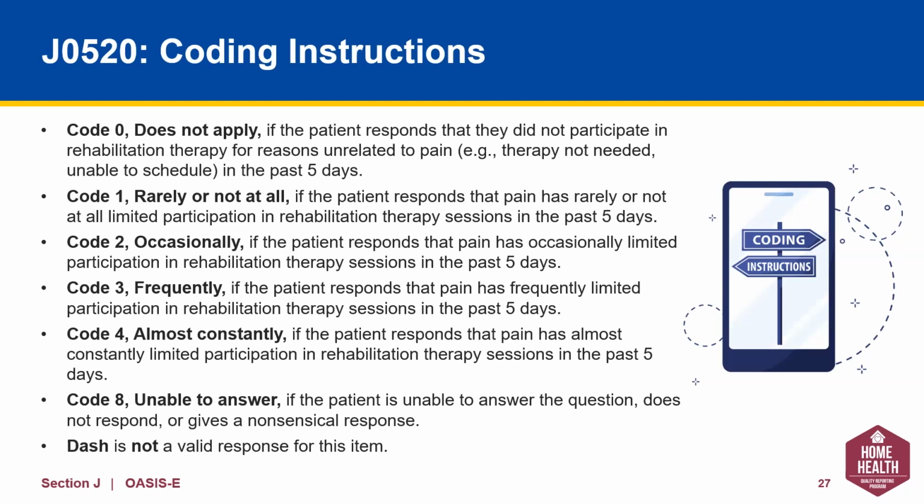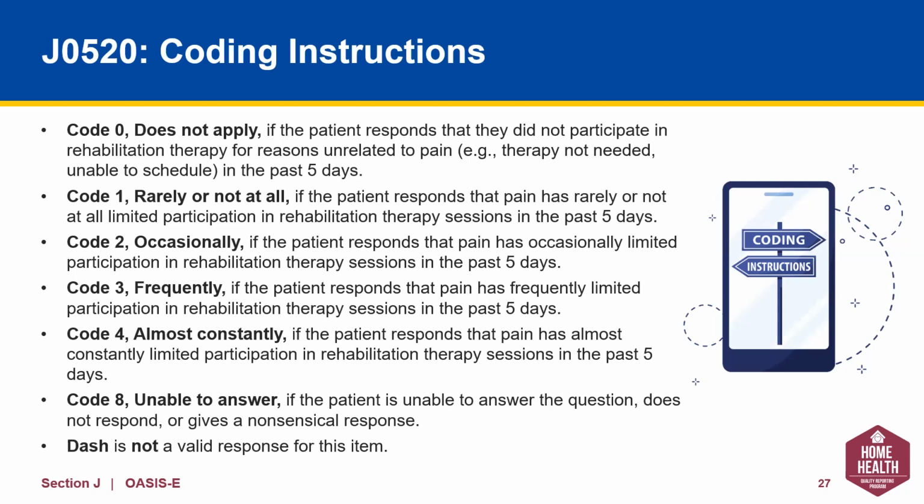Code 1, rarely or not at all, if the patient responds that pain has rarely or not at all limited participation in rehabilitation therapy sessions in the past 5 days. Code 2, occasionally, if the patient responds that pain has occasionally limited participation in rehabilitation therapy sessions in the past 5 days.